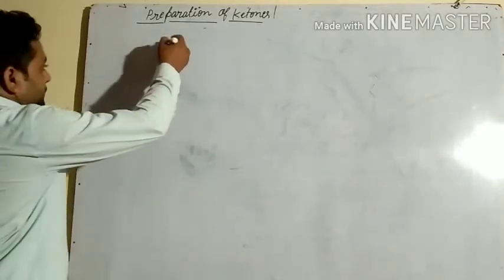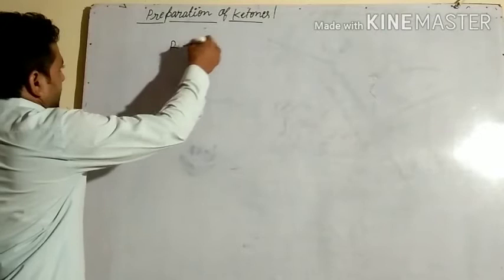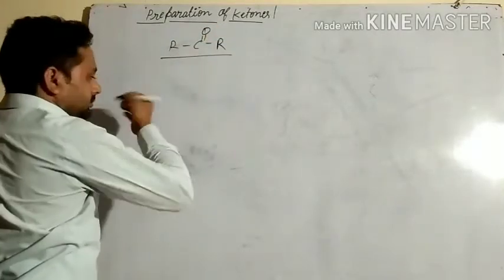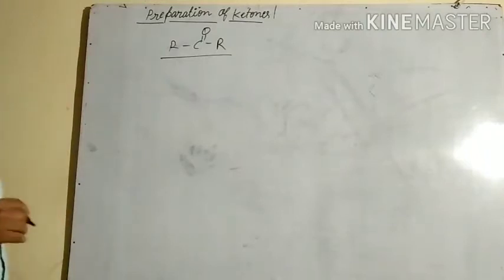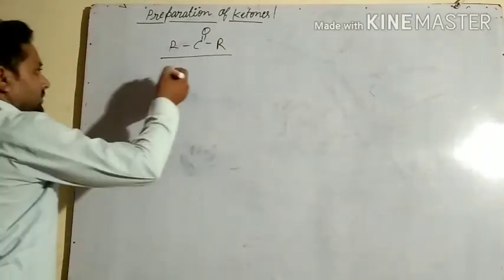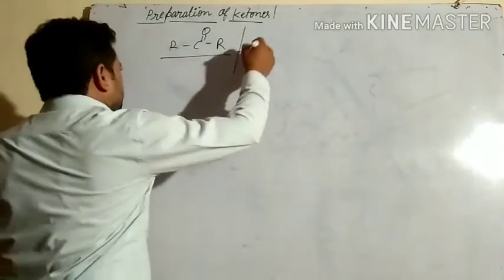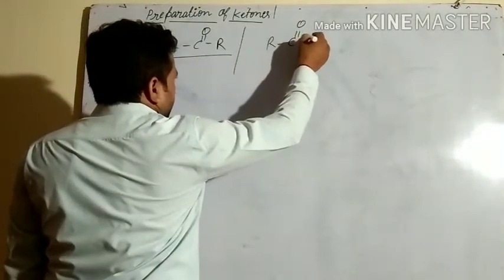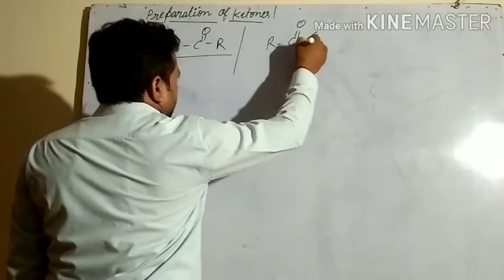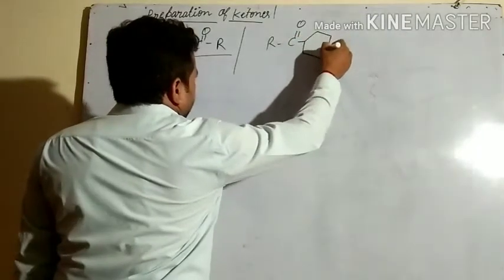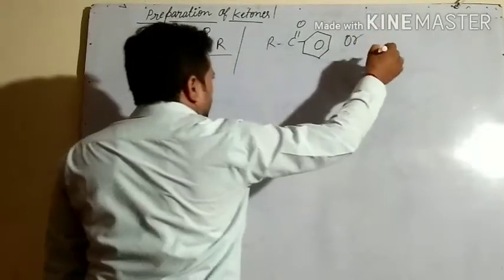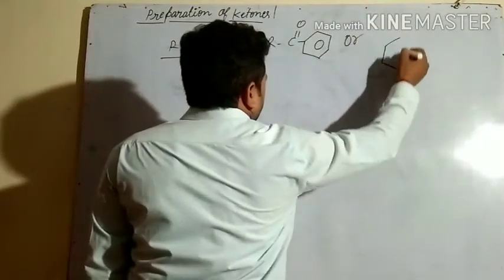So the general formula of ketone we write like this. This is ketone. Ketone may be represented like this, or like this also.